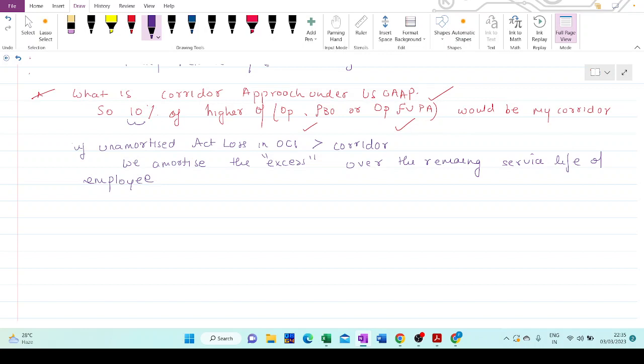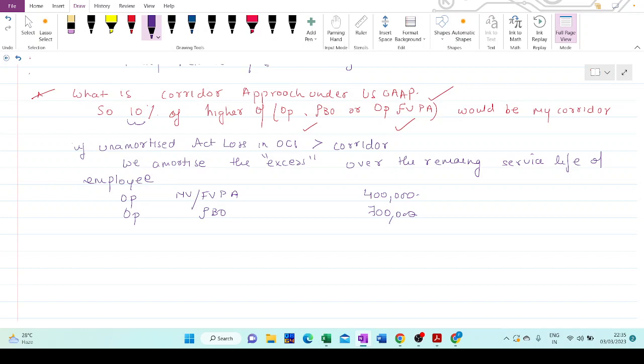Right. So guys, say the market value or the fair value of plan assets is 400,000. The opening FVPA is 400,000. Opening PBO is 700,000. Now we need to calculate 10% of the larger of the two numbers.